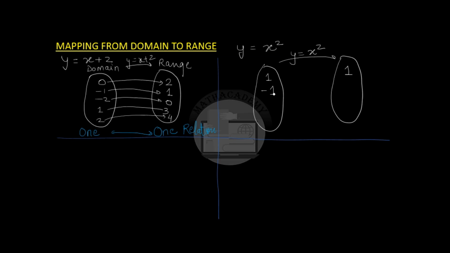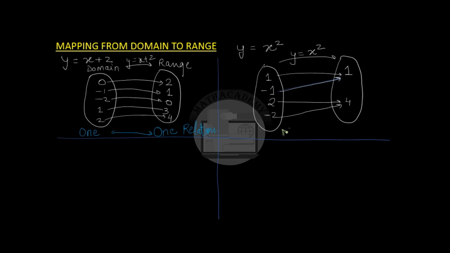If it is minus 1, that also points to 1. If x is 2, then the value of y becomes 4. If x is minus 2, then also it's 4.